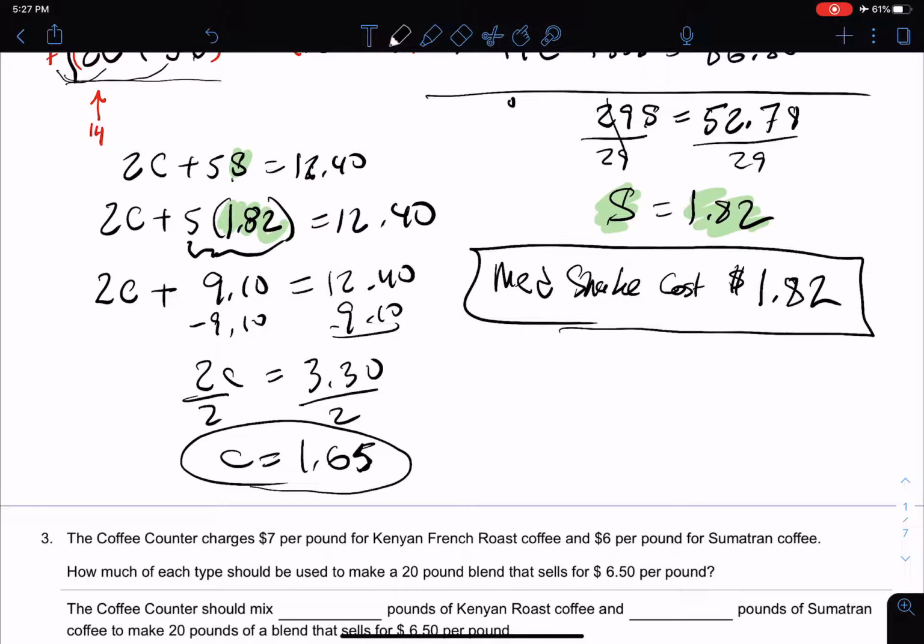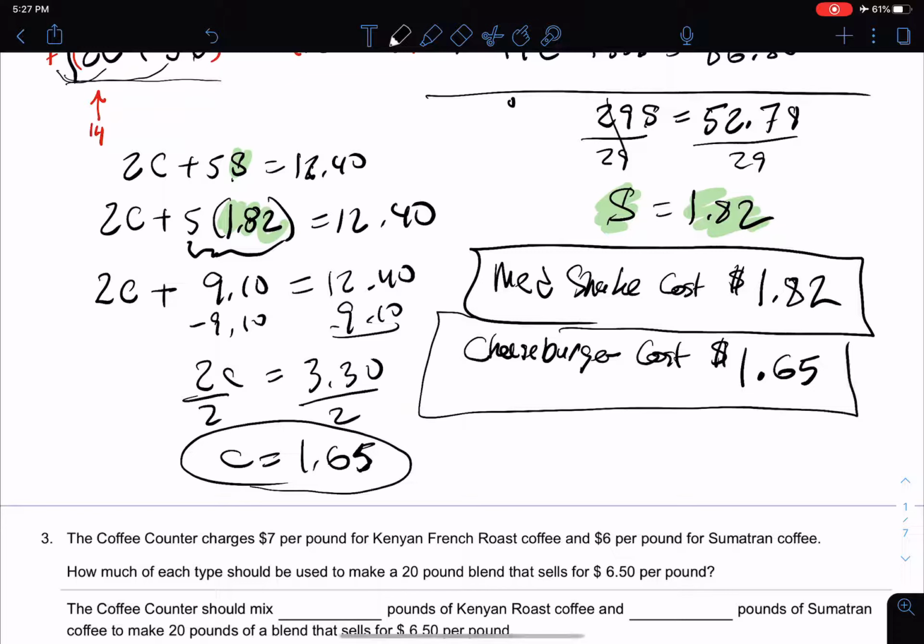Milkshakes are $1.82, and a cheeseburger is only $1.65. Okay, so cheeseburger cost $1.65. This is definitely not at the movie theater. No way. So there it is right there. Let's move on to the next one.